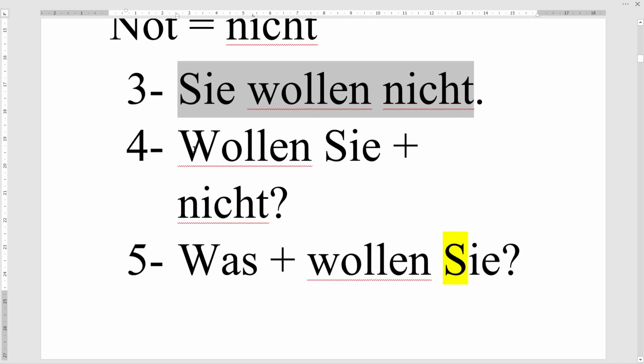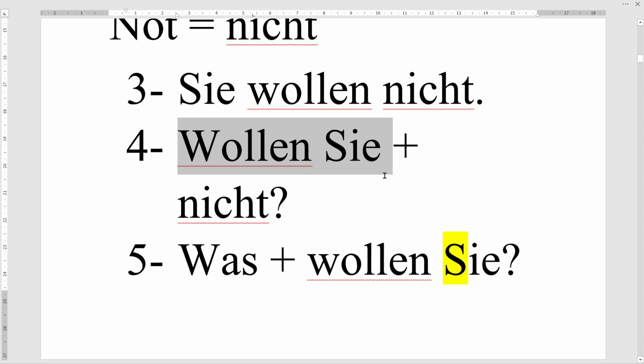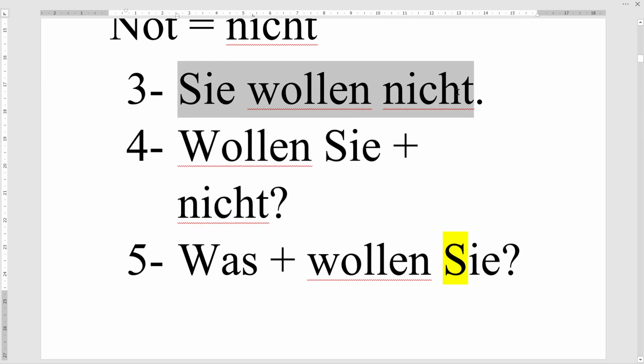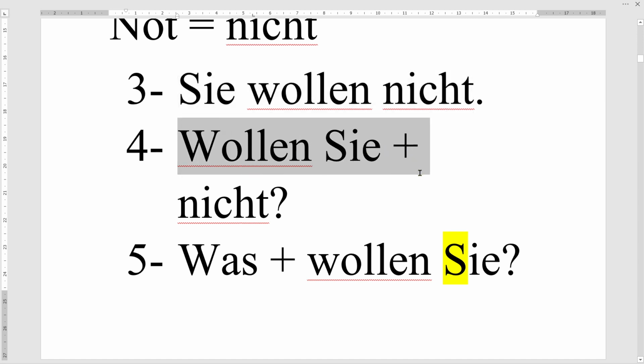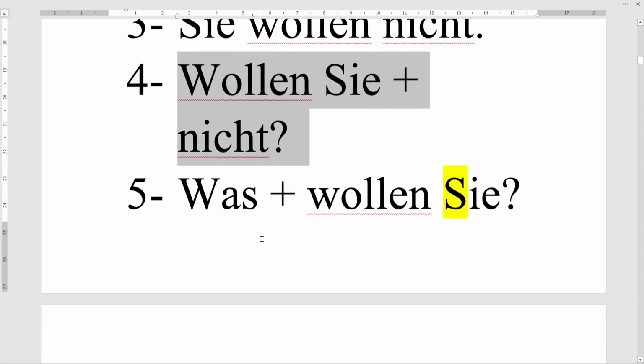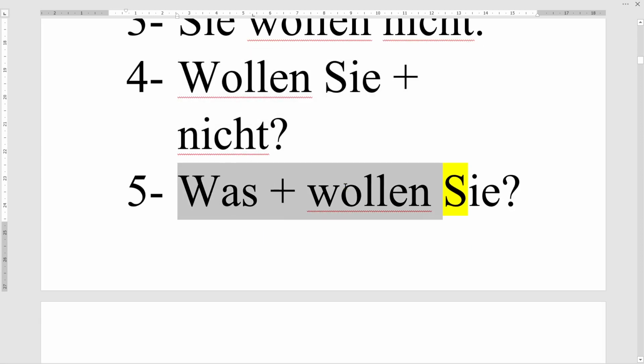Declarative negative question, which is wollen Sie nicht. Now, Sie wollen nicht means you don't want. Wollen Sie nicht means don't you want. Now, what do you want? Was wollen Sie? Now, remember, this was is used at the beginning of the sentence, and in English is basically the same thing.